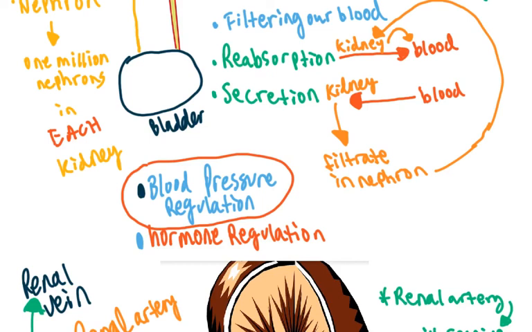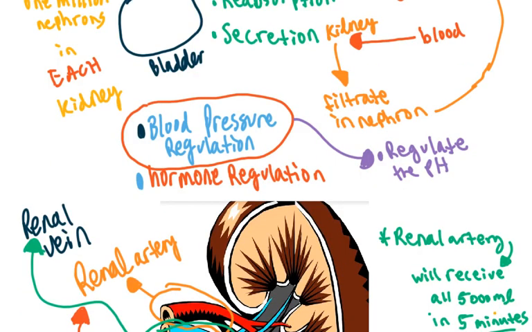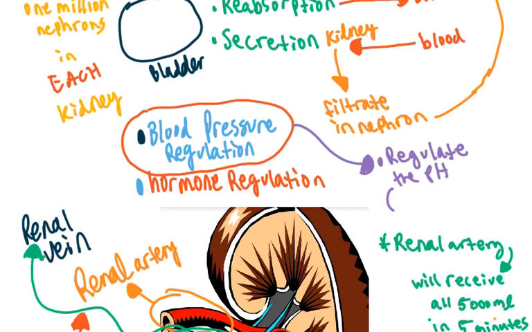All right, so along with blood pressure, we'll see many more things like regulating the pH, right? So our kidneys also regulate the pH through the use of our H+ ions and bicarb, all right?